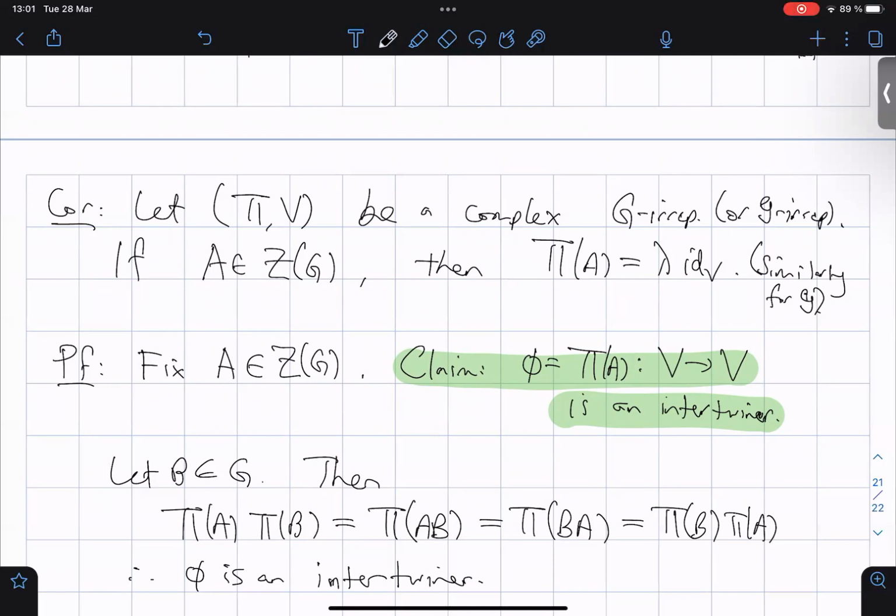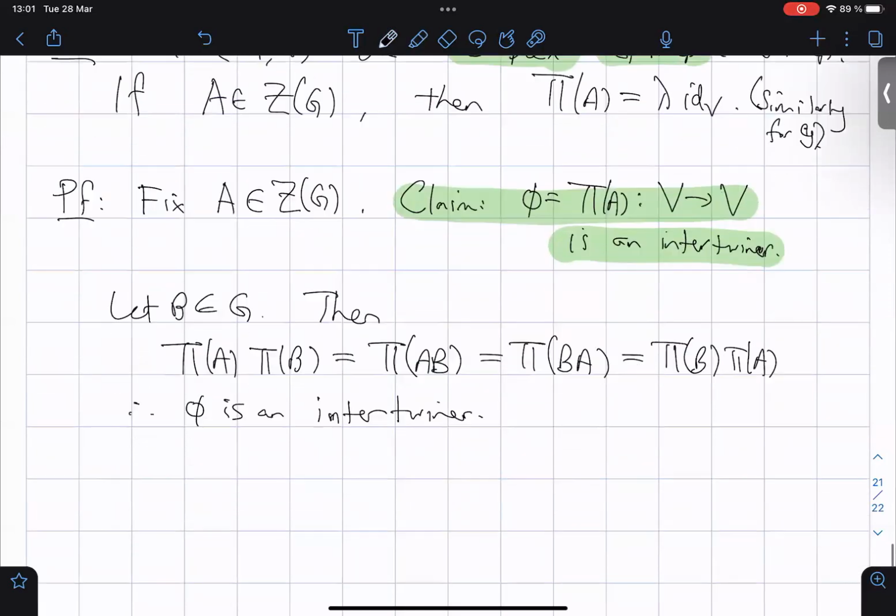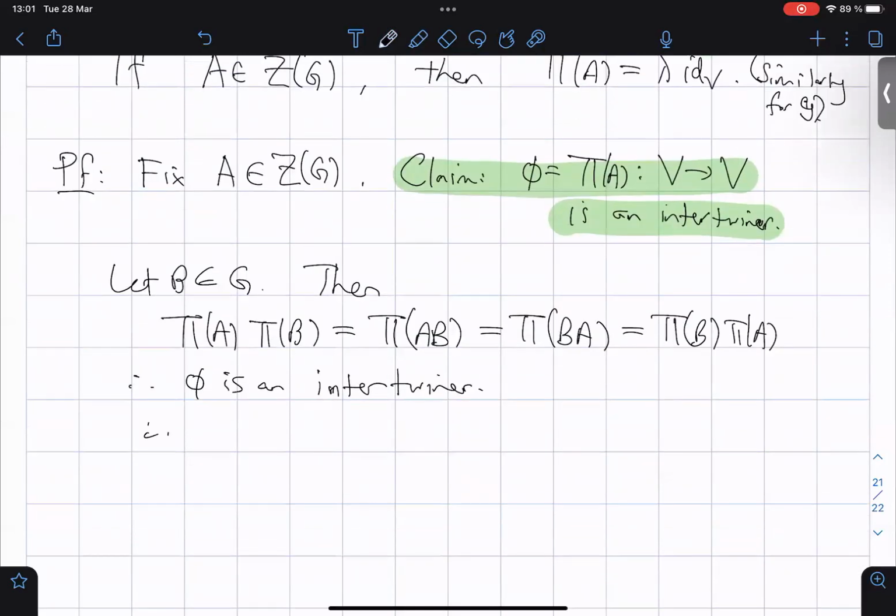So this is an intertwiner on a complex irreducible representation. Therefore, by Schur's lemma, Schur part 2 implies the result.